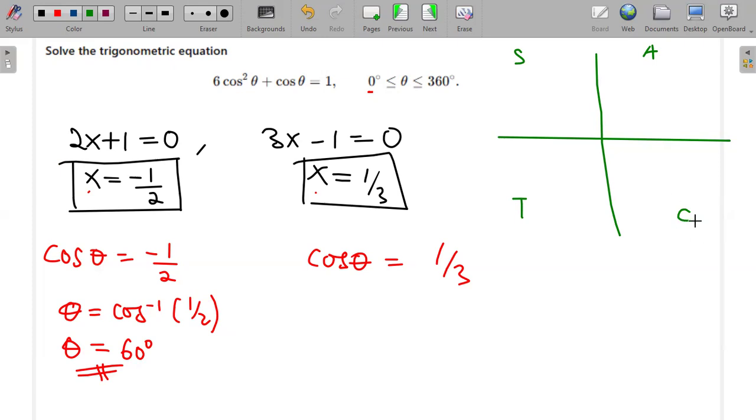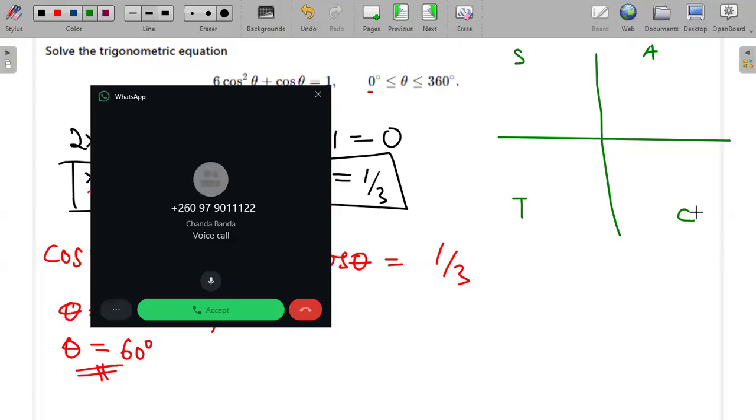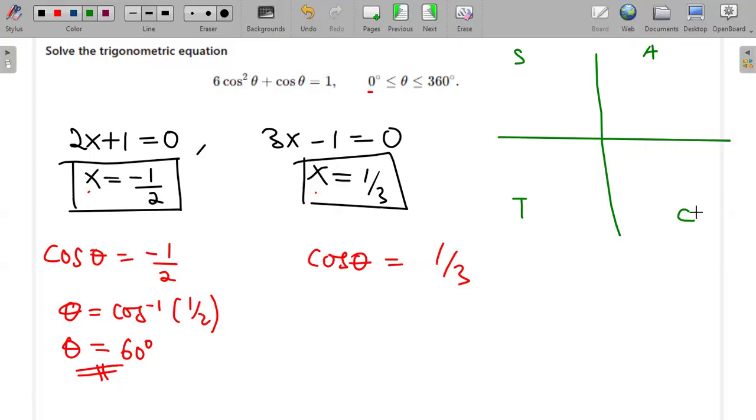And here, only the cos is positive, and the other two are negative. Here it is from 0 to 90 degrees, then here it is 180, here it is 270, and there it is 360.